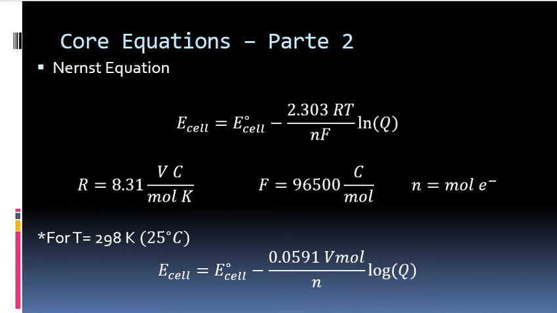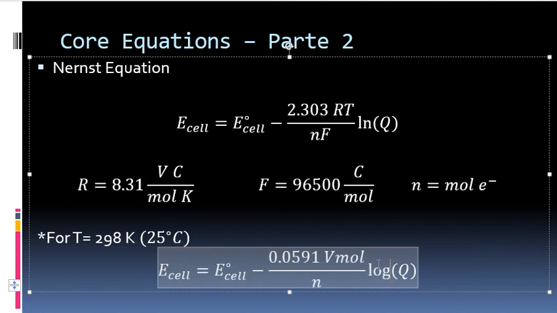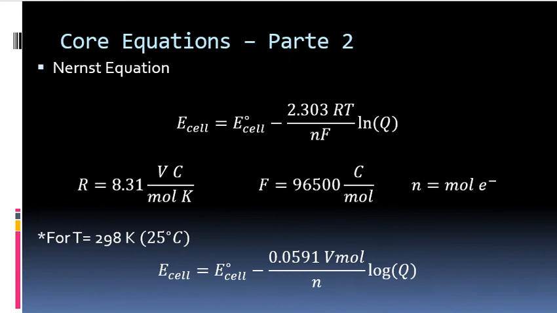The potential of that cell is going to equal the standard cell potential, so what we calculated prior, minus 0.0591 volt moles over n, n being the amount of moles of electrons being transferred, which in our sample problem would be 2 going in, 2 going out, so n would equal 2, multiplied by not natural log, but log base 10 of Q. So just worry about this bottom equation down here as far as answering questions for a test or for the extra credit. It's much simpler, and that's all I need you guys to do.